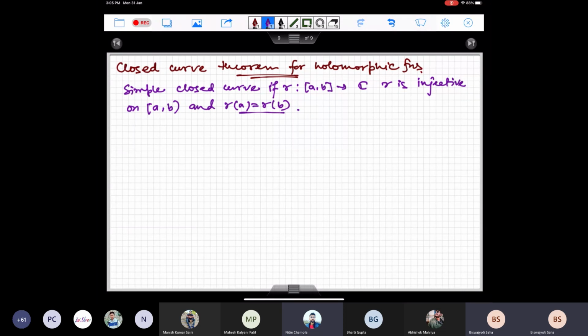These are called simple closed curves, and we are going to primarily work with simple closed curves.